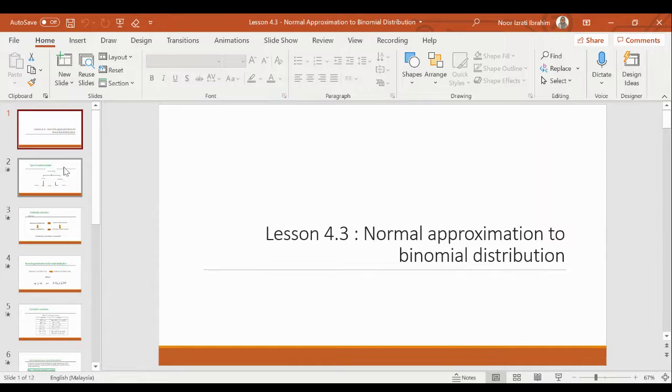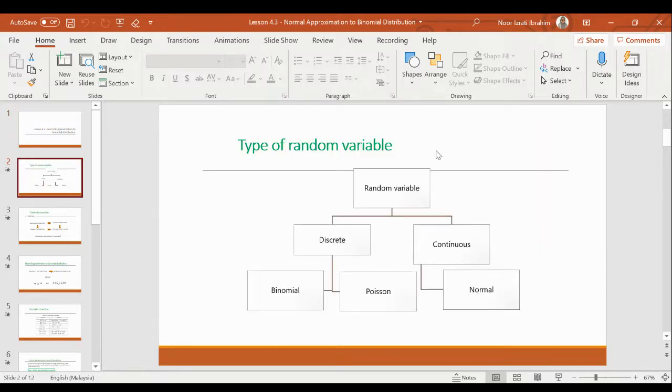Let us begin. When we have a random variable, we can have either a discrete random variable or a continuous random variable. For discrete random variable, we actually have two types of distribution. One is binomial distribution, which is our lesson 3.